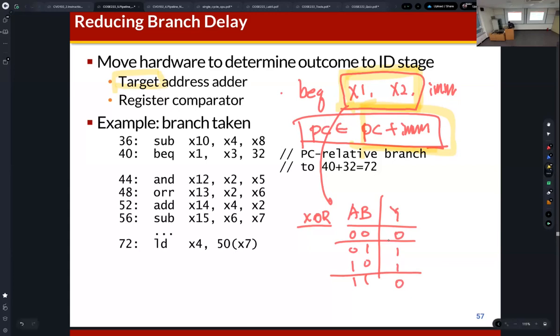So for the exclusive OR gate, if the two inputs are different, then the output is 1. For 32-bit data, we can use the bitwise exclusive OR gate. Then with a very large OR gate, if 1 is detected, it means that this is different.